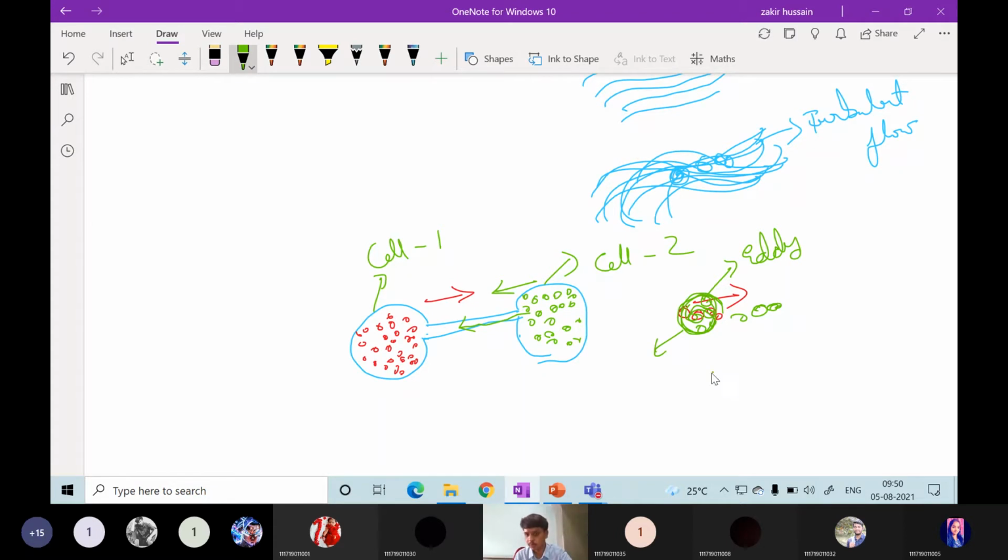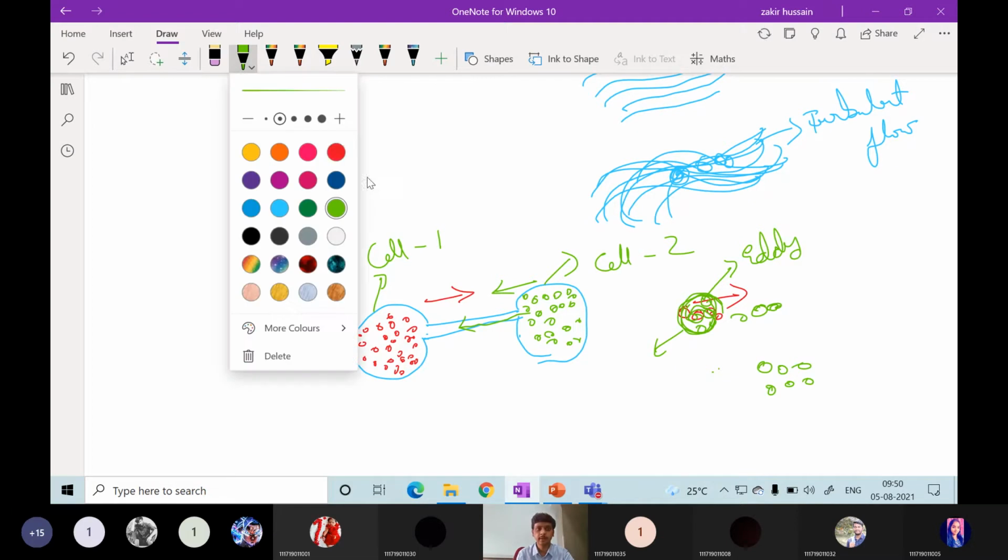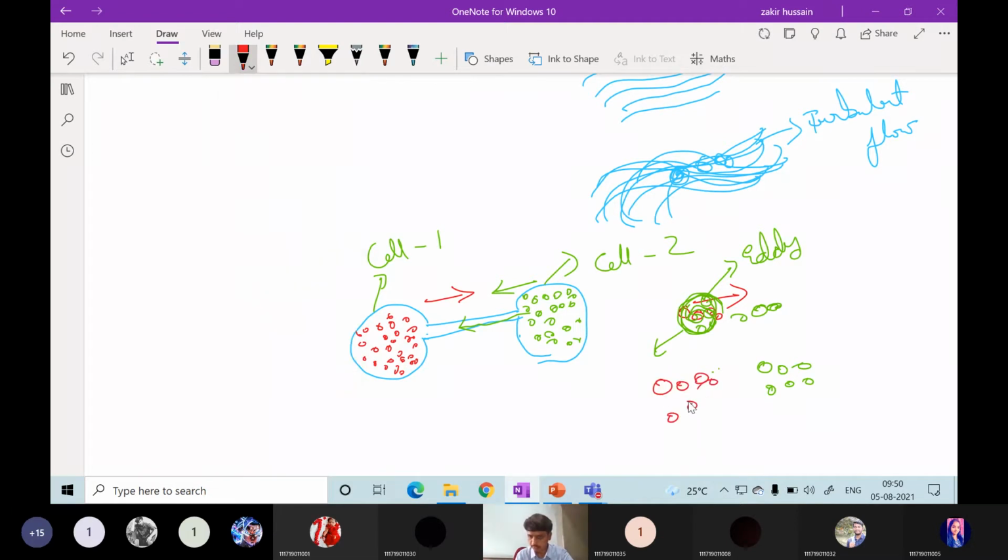In the normal flow, for example, these are green molecules and these are red molecules. Taking only one molecule, it travels like this with just a small interaction with the others. This is called normal random motion. It is not moving like a packet.